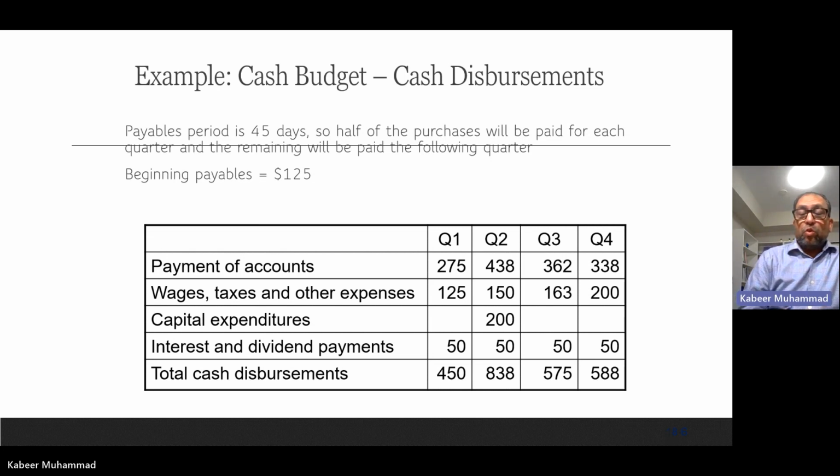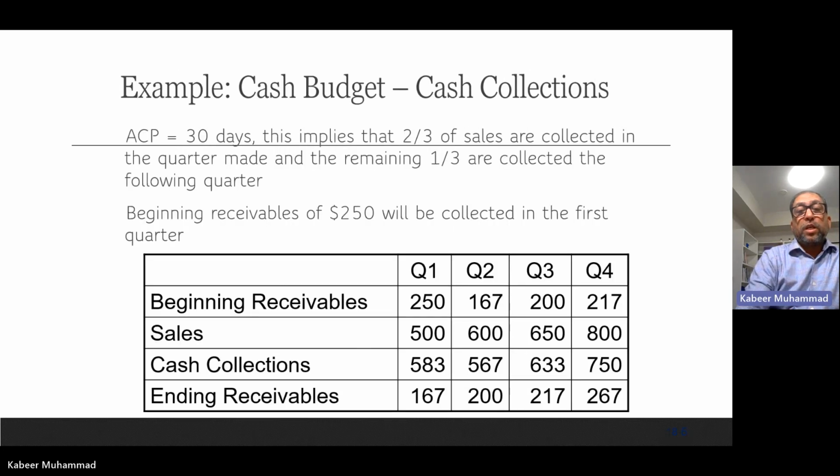If you add this all together, I want to make it more clear. What we said is that next quarter sales is 650. So 650 divided by 2, we get 325.